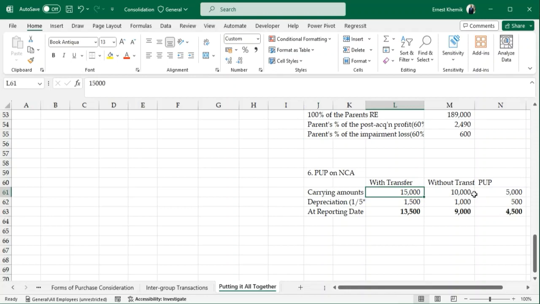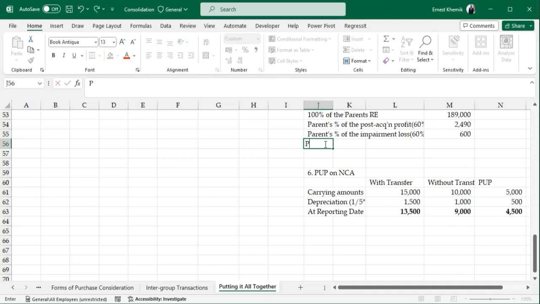So that 5,000 is going to be subtracted from this particular profit of the parent as well, of the group. Okay, so we'll have PUP on NCA, and that was found in workings 6. So always put your workings here to show that that is where the figure is coming from.